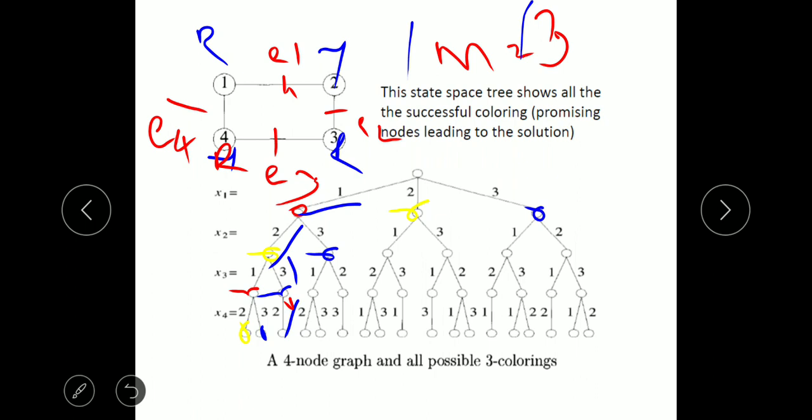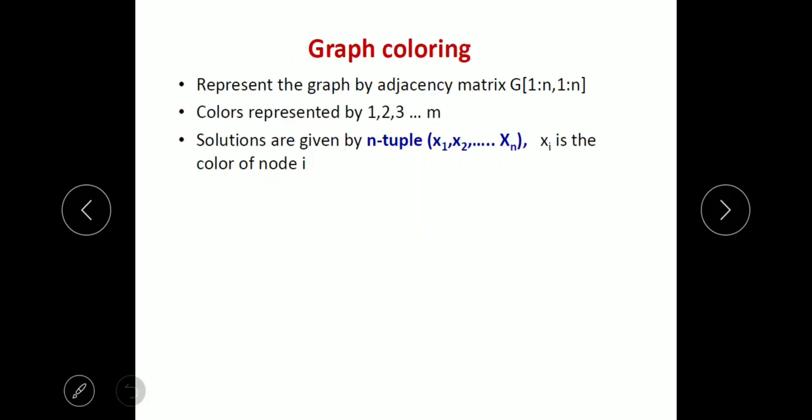Similarly, as we already know, backtracking may yield more than one solution to a given problem. So this entire state space tree gives us the possible number of solutions to obtain a proper graph coloring. To perform graph coloring, we have an algorithm which makes use of an adjacency matrix.